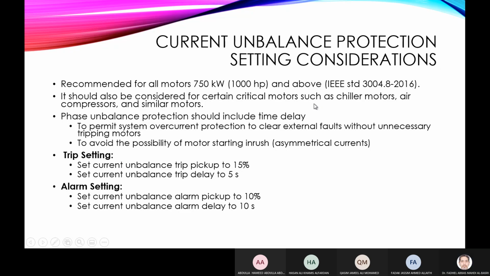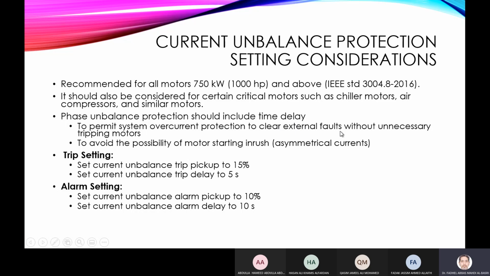The unbalance protection, you shouldn't make it instantaneous, because if there is an external fault in the motor, in the bus or whatever, you don't want to act, because you want to have coordination. So other overcurrent relays will take action, and you don't want this one to.